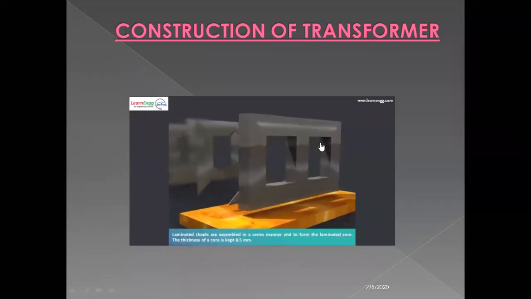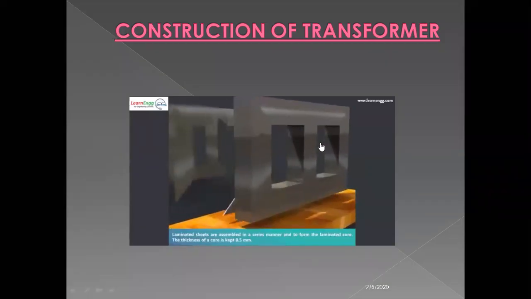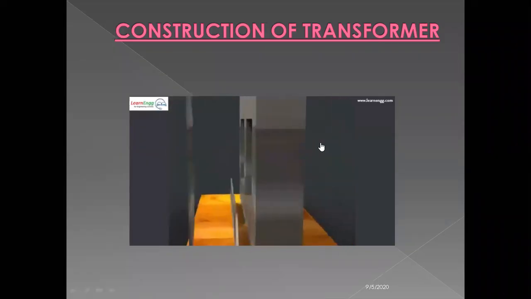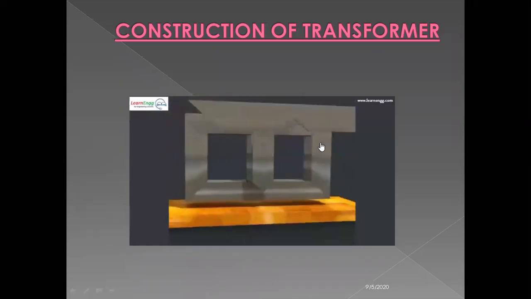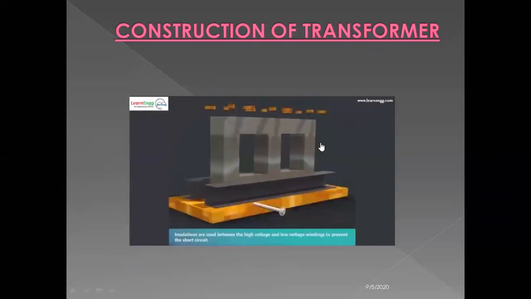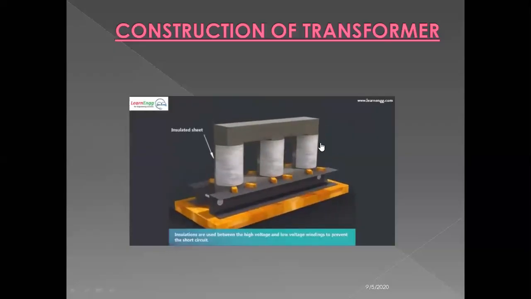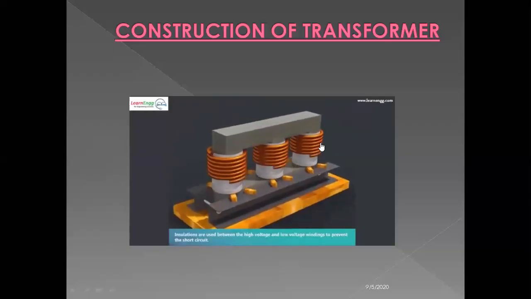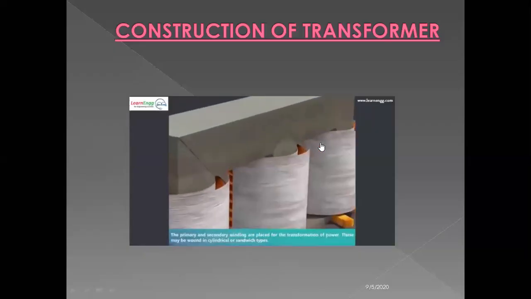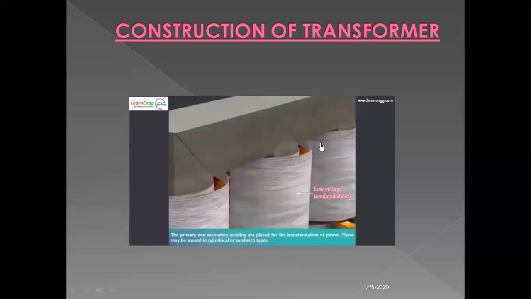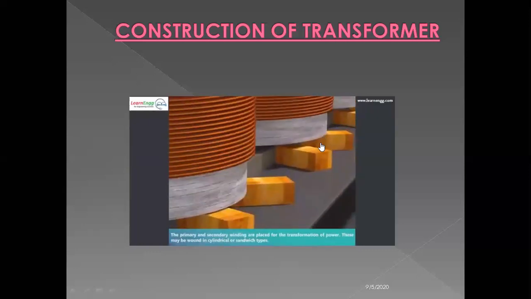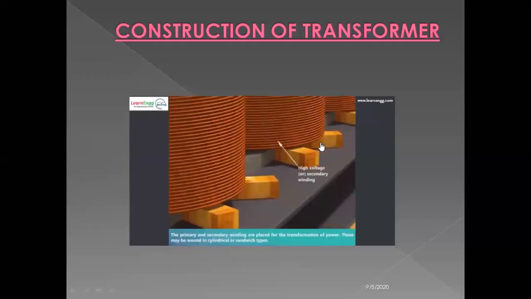The thickness of a core is kept 0.5 millimeter. The windings are wound in the limbs. Insulations are used between the high voltage and low voltage windings to prevent short circuit. The primary and secondary windings are placed for the transformation of power. These may be wound in cylindrical or sandwich types.